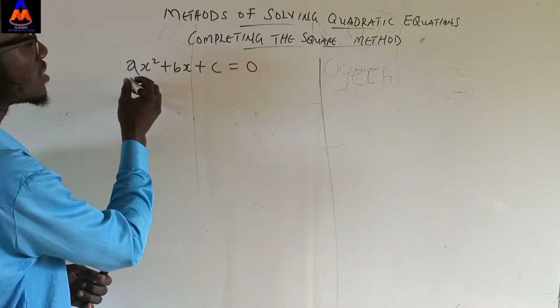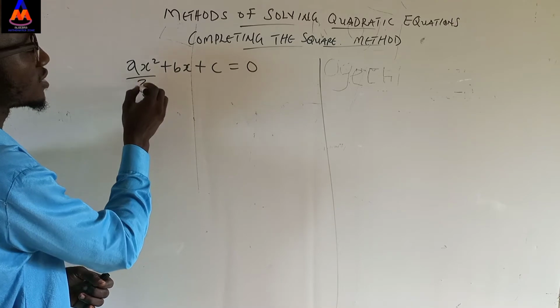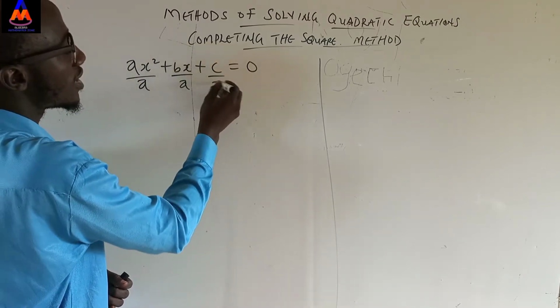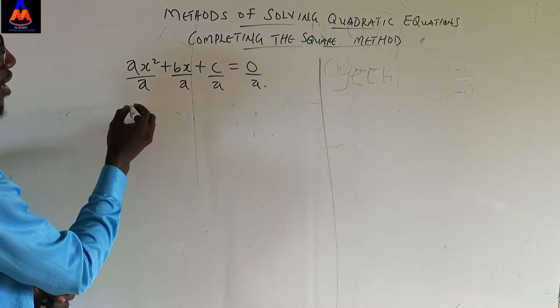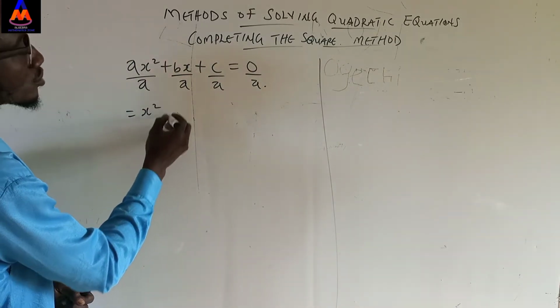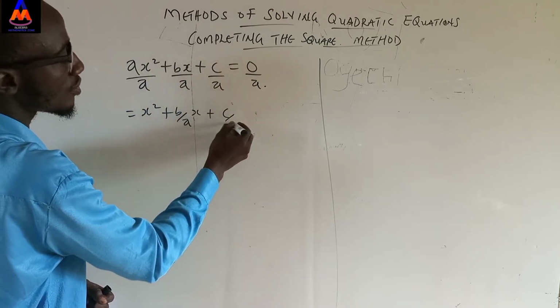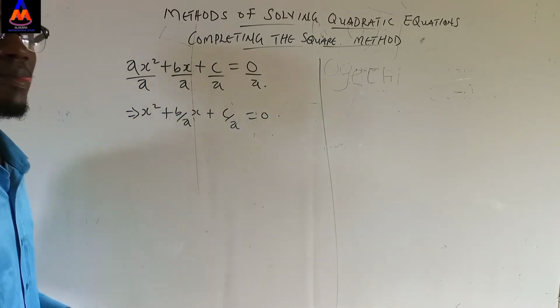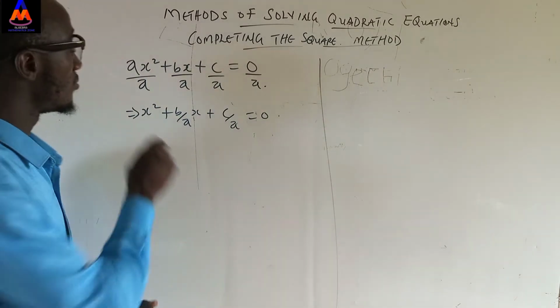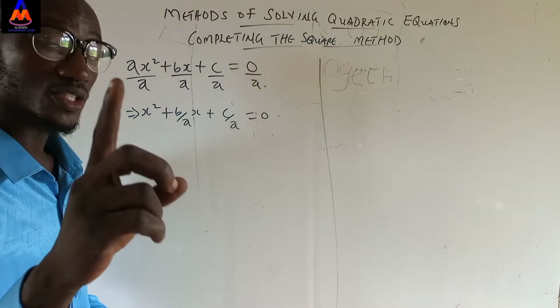So in this case, we have our coefficient to be a, so divide every term by a. That's the first step. So that means we have x squared plus b over a x plus c over a equals 0. Make sure that the coefficient of the variable with the highest power is 1.